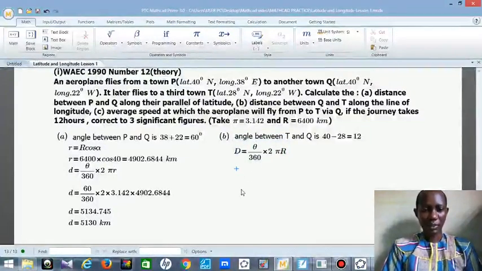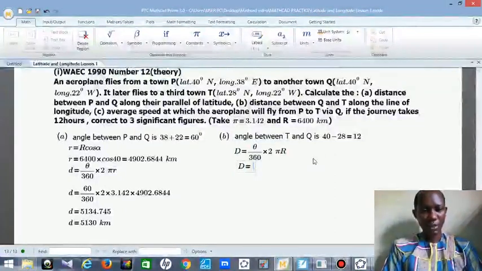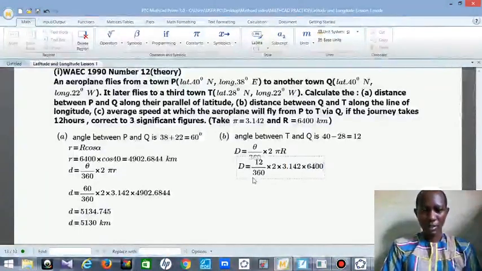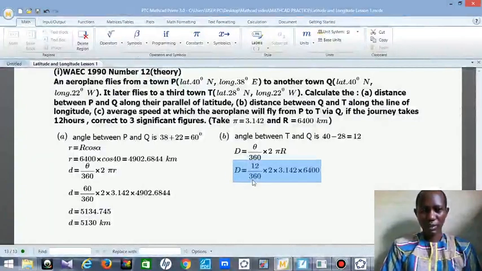So D is equal to 12 divided by 360 degrees times 2 times pi, which is 3.142, times the capital R, which is 6400. That is all. You just multiply and get your answer.